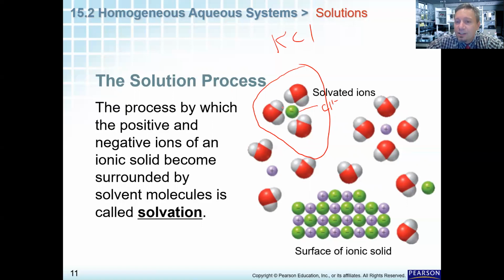And when you come over to this side here, this is your K1 plus, and all the red is the oxygens with their delta negative, their slight negative charge. All these guys have slight negative, and these here have that slight positive. That's how it breaks it apart. Very fascinating how you look at that. So that process is called solvation.